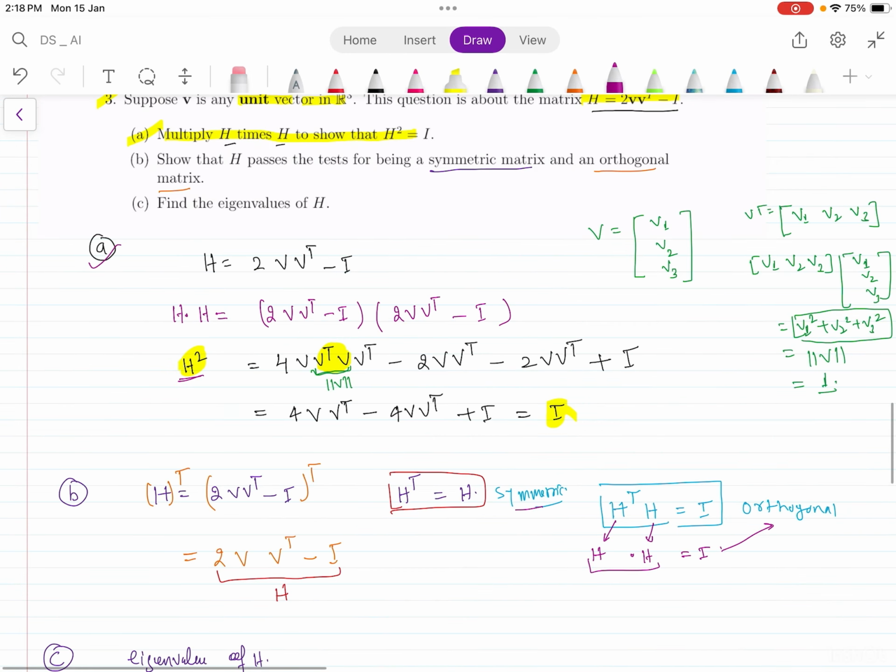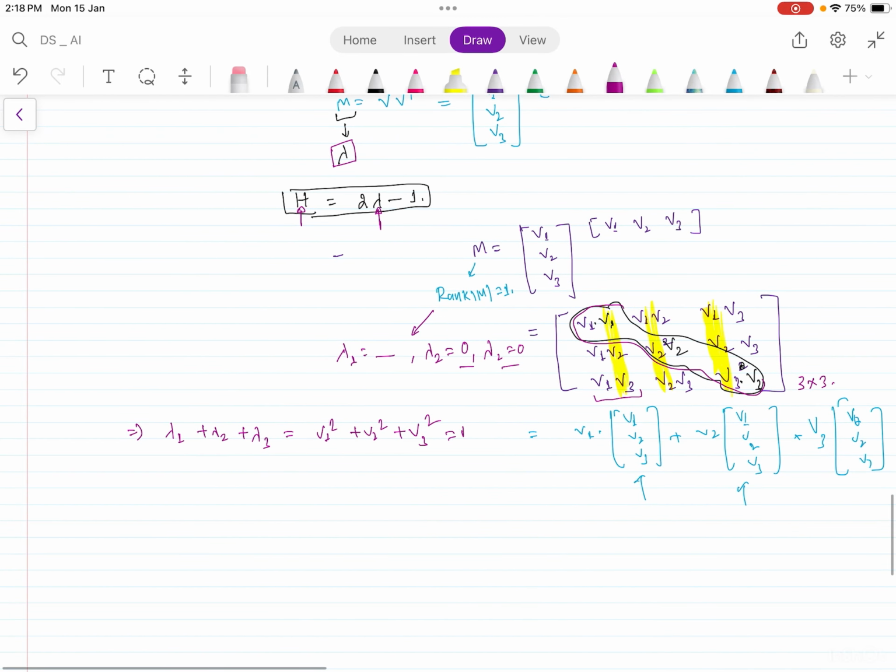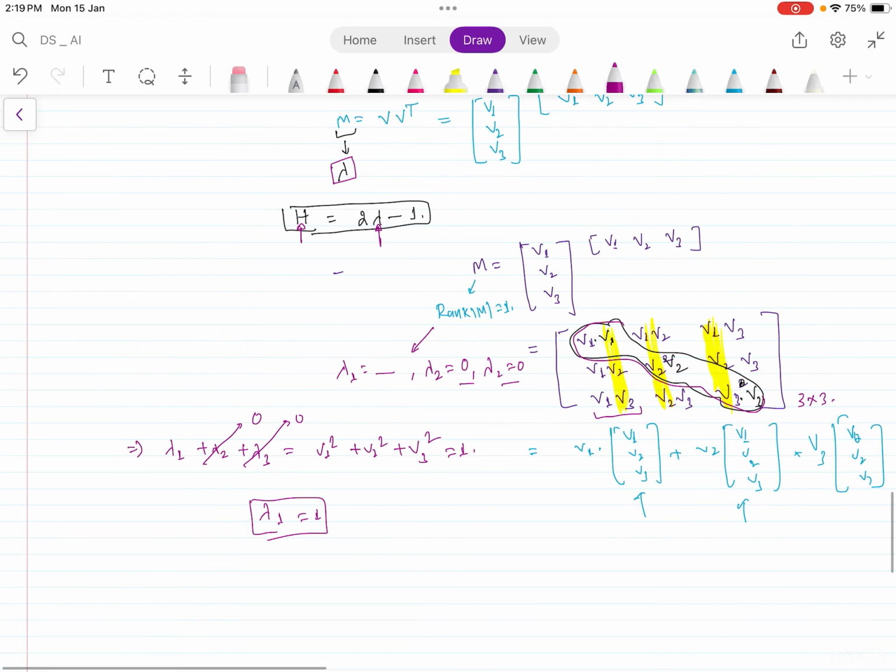And this is nothing but a unit vector, so that is 1. And lambda 2 is 0, lambda 3 is 0. So from here lambda 1 is equal to 1. So we have found all the eigenvalues of matrix M, that is 1, 0, 0.